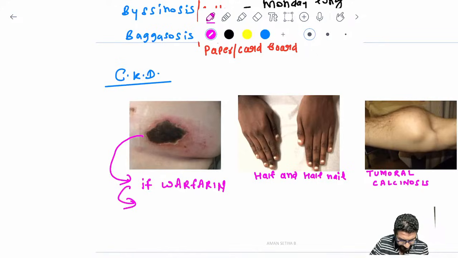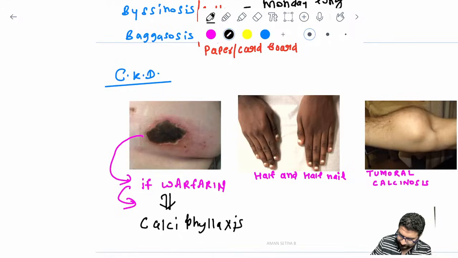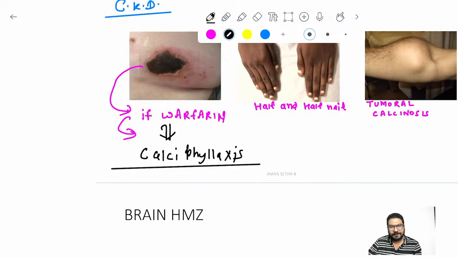Because of warfarin, the patient can develop calciphylaxis. Done. So this is about tumoral calcinosis.